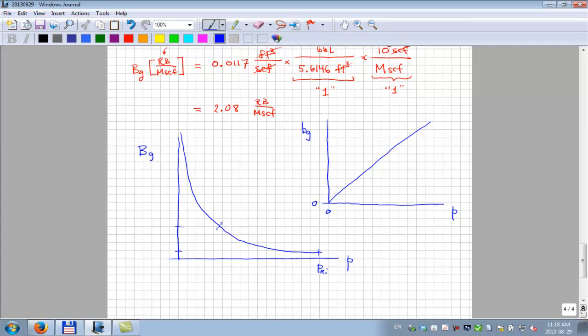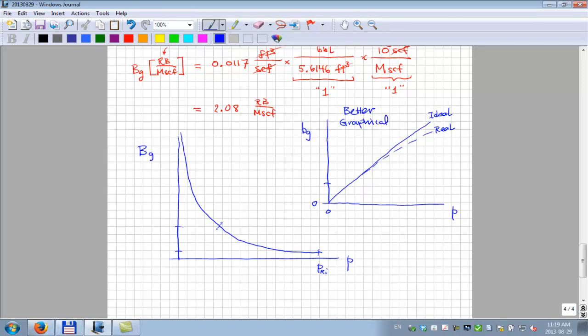But for a real gas, what will happen is that this will start deviating at some point, something like that. So this is ideal gas, and this is a real gas. But the point is that both of those will be relatively linear in terms of pressure. So it's just a much better graphical way to present these numbers.